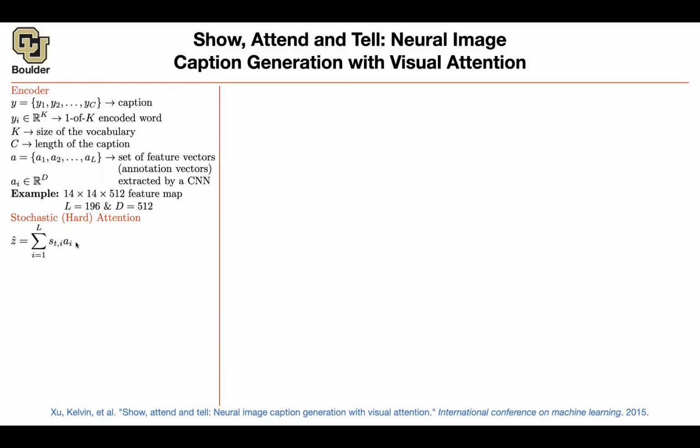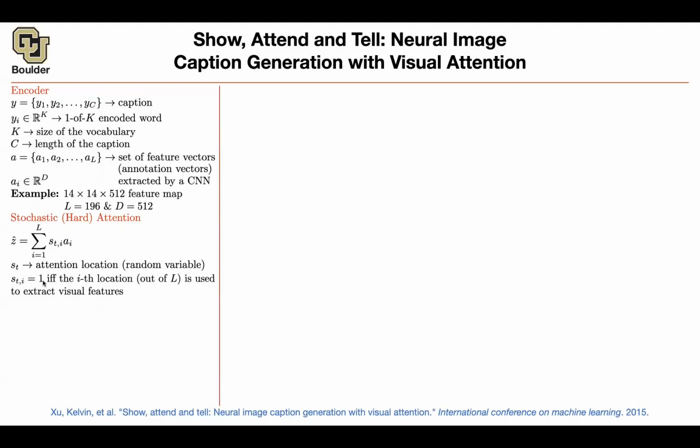Now, what are we going to do? This is going to be a random variable. It's going to have a distribution of its own, and then we're going to model the distribution. A better notation here would have been z hat_t equals the summation of s_t,i a_i, but let's stick to the notation of the paper. What is s_t? It's a random variable, and it is going to be 1 if you are paying attention to location i.